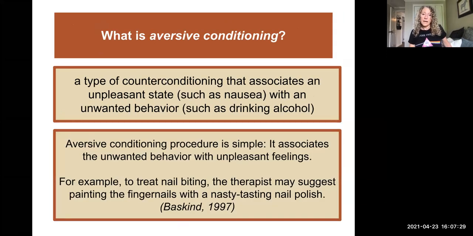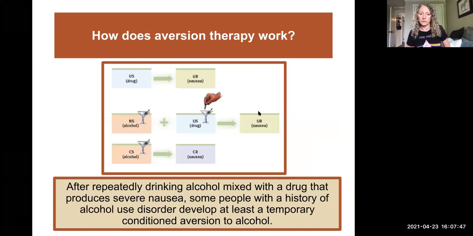Okay, so next we have something called aversive conditioning. In this one, you associate an unpleasant state with an unwanted behavior. So it's trying to get you to stop bad habits. A common example: years ago they tried aversive conditioning to help people with alcohol addiction.